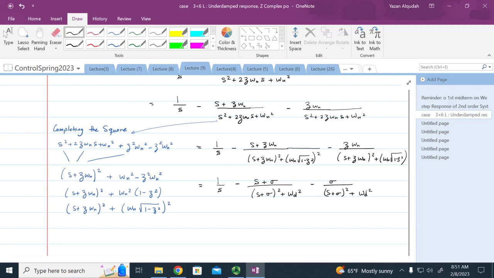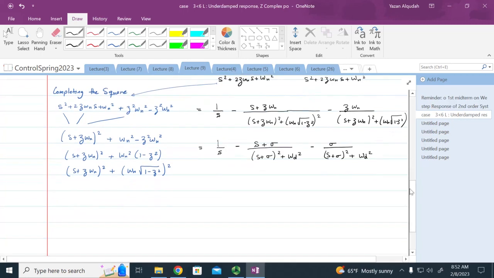Remember, we defined zeta omega n as sigma, and we defined omega n square root of 1 minus zeta squared as omega d. So instead of writing all these terms, we can just use sigma to represent zeta omega n and omega d to represent omega n square root of 1 minus zeta squared. Together? Okay. What do we do next? We're going to go to the tables and get the expression for the inverse Laplace of this expression.